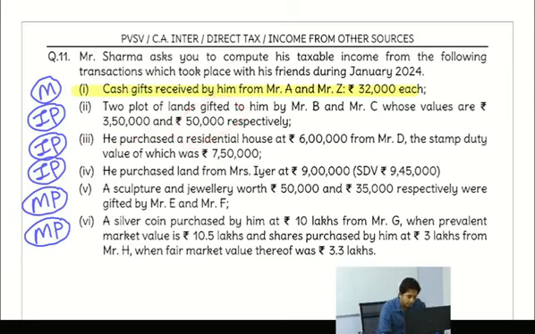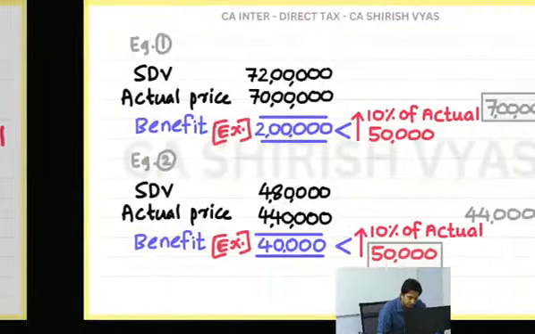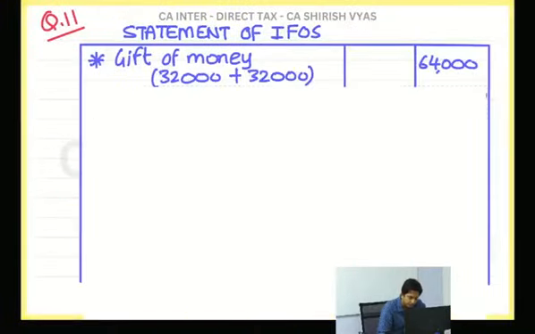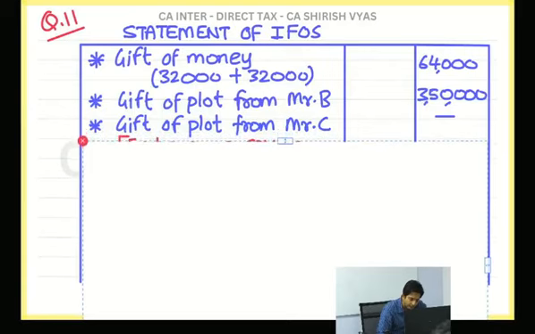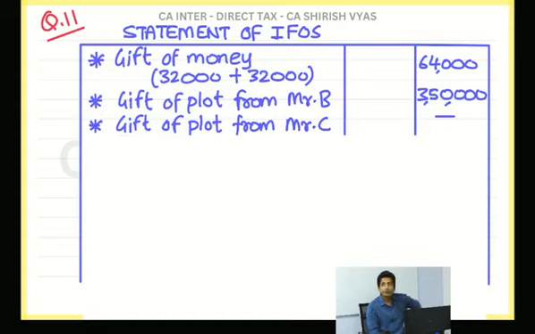Okay. So see how I have written here. I have passed two entries. It is better to pass two separate entries because it is per property. So in that point, there were two properties involved, so I will write two entries.